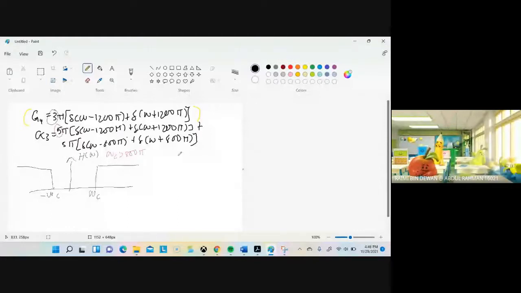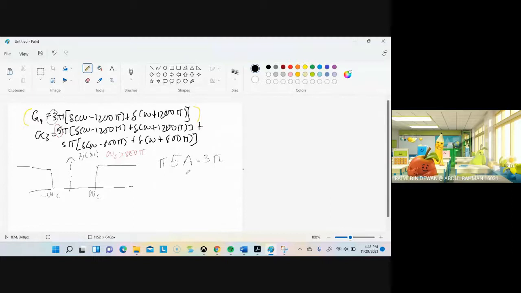So the gain of your filter, multiplied with the 5 pi amplitude, must give the required output of 3 pi.